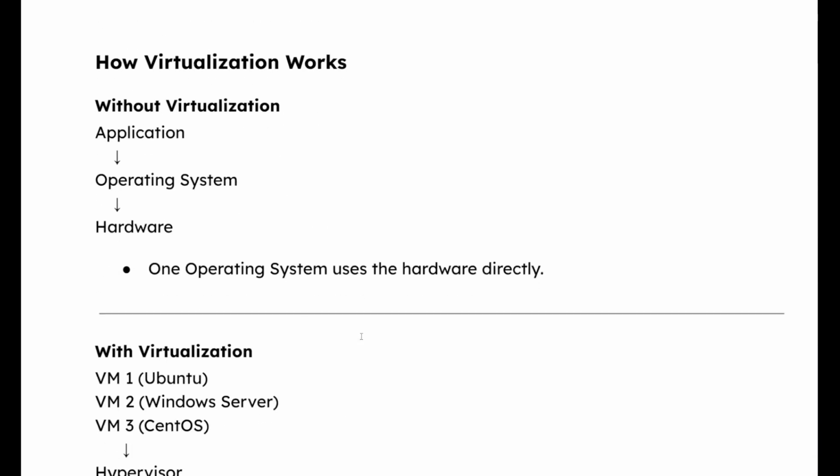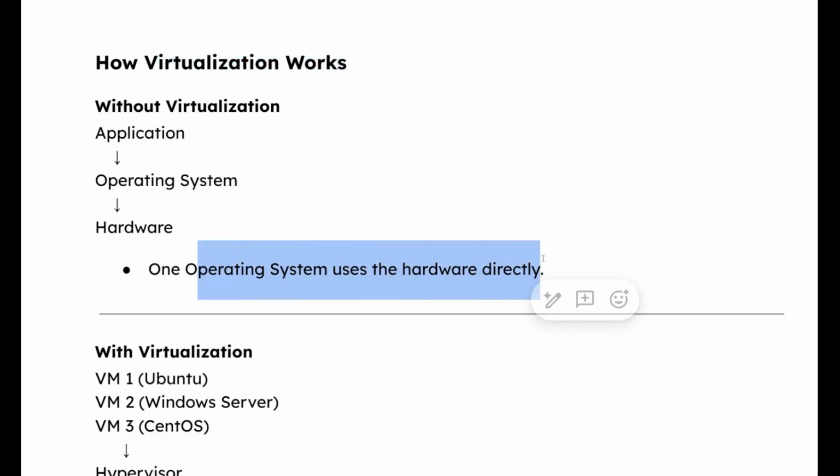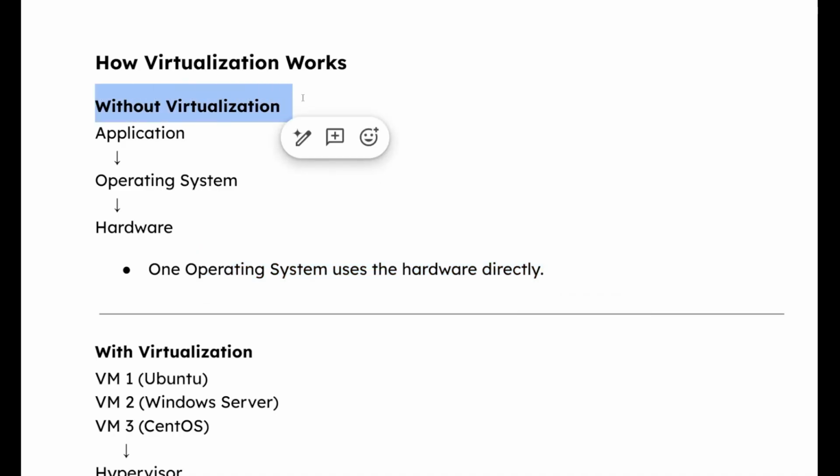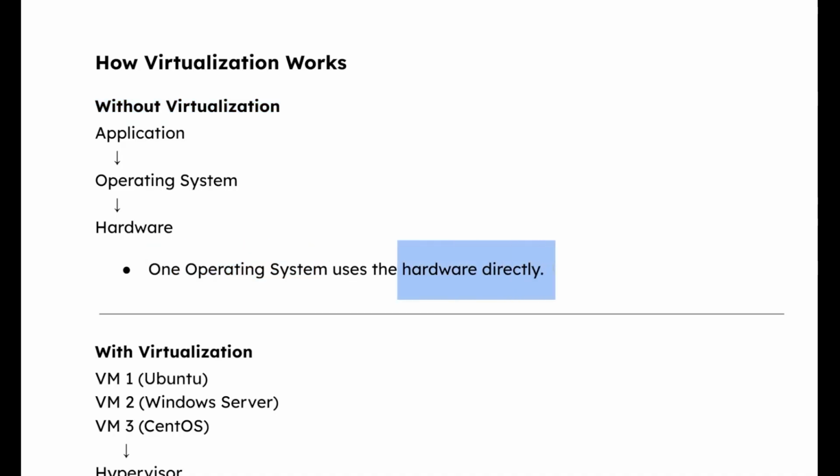Fine. Now the question is how virtualization works. Without virtualization, one operating system uses the hardware directly. For example, your computer has Windows, and the Windows operating system is using the hardware directly.